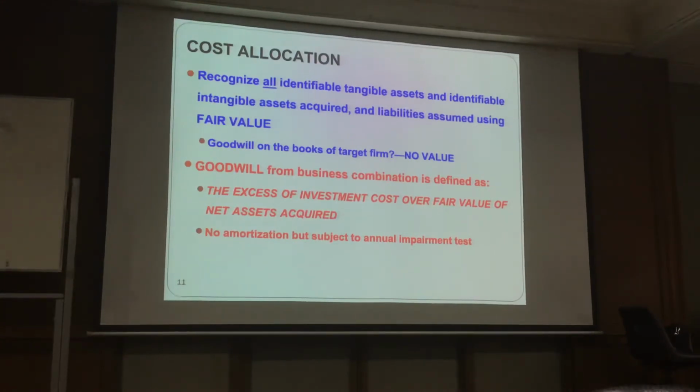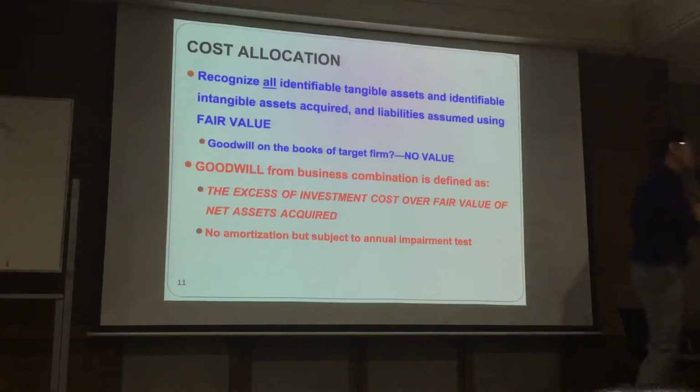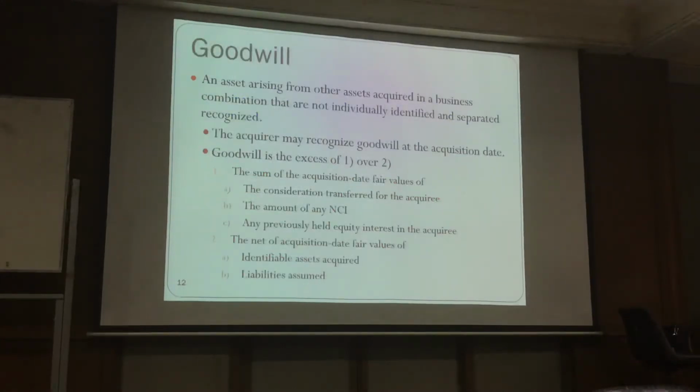So depreciation is different from impairment in this way. Depreciation is created systematically, by straight line or whatsoever. But impairment, when you have an indicator, is booked right away. So that's why for goodwill, no amortization, but there is an impairment test.